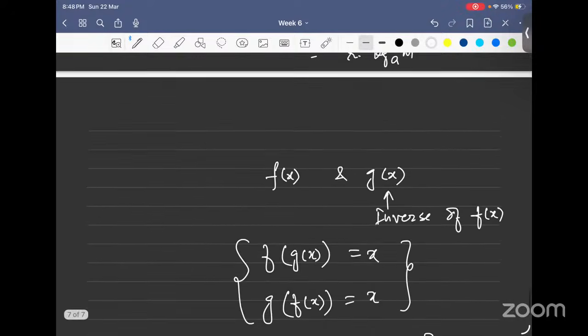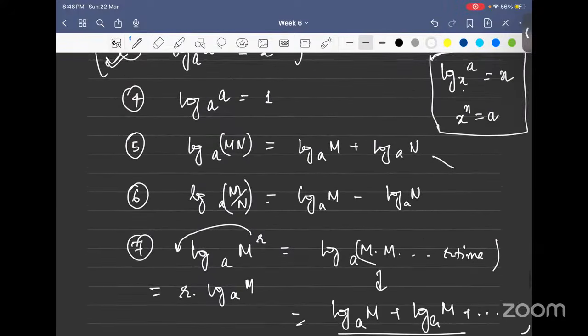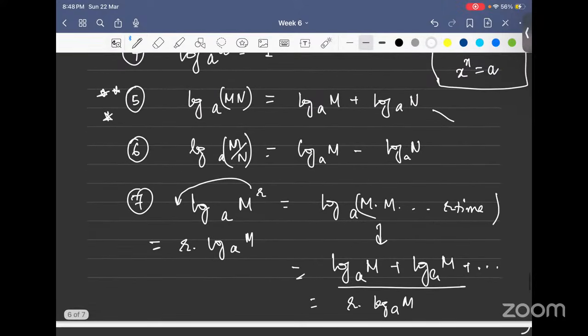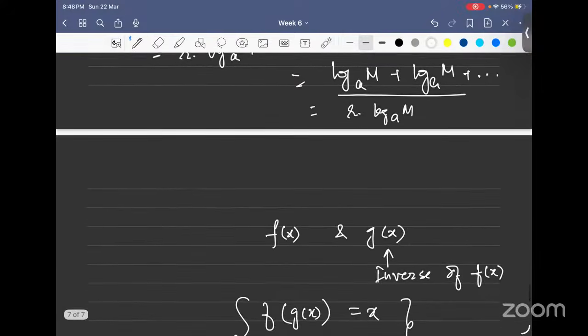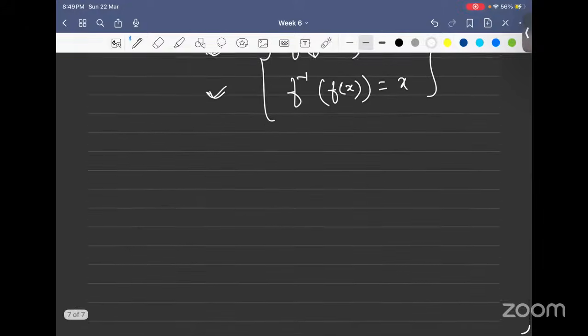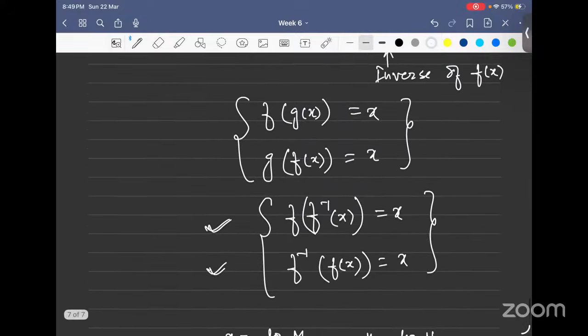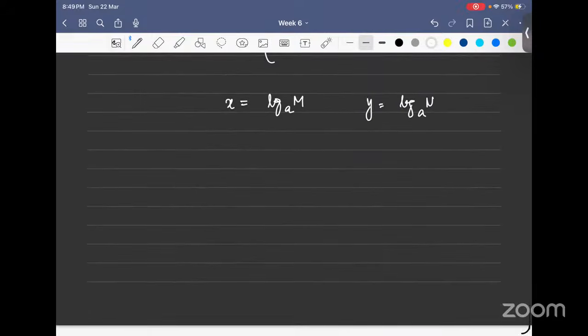See, I can just prove the first one, and you can apply it for the second one also. Think of it as mn. Let's take x equals log of m base a, and y equals log of n base a. Then if you add x plus y, what will you get?